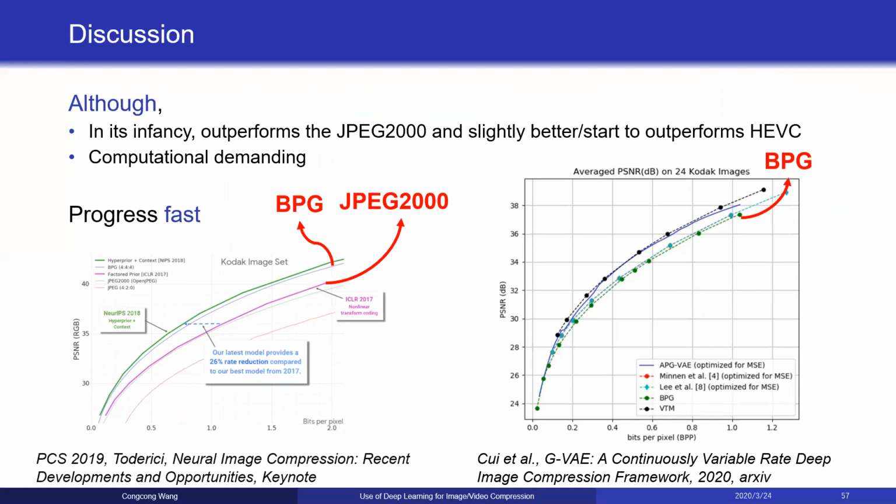For example, since 2017, the performance has become comparable to JPEG 2000. And in 2018, the performance became comparable to BPG. And then by 2020, it seems to start to outperform BPG now. This is quite encouraging progress.